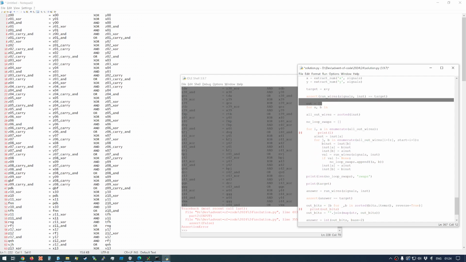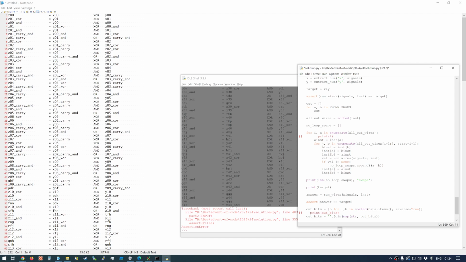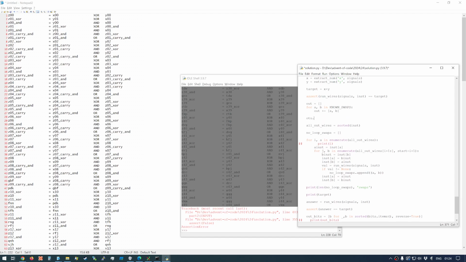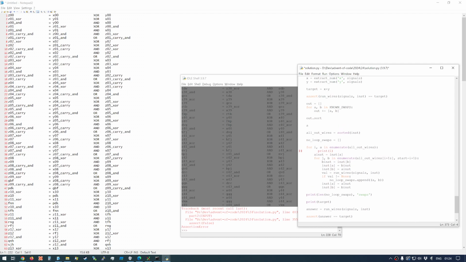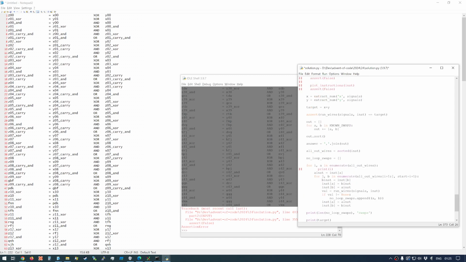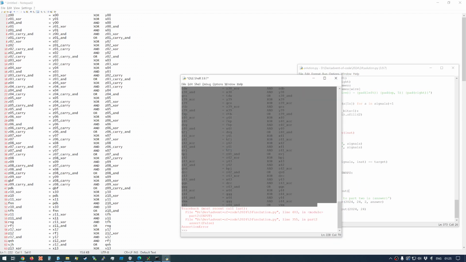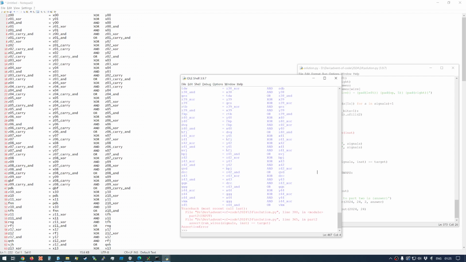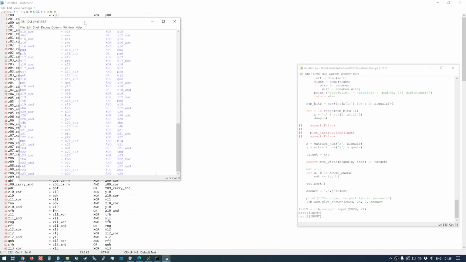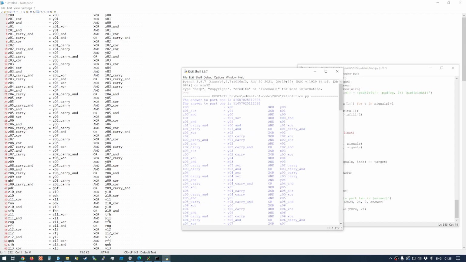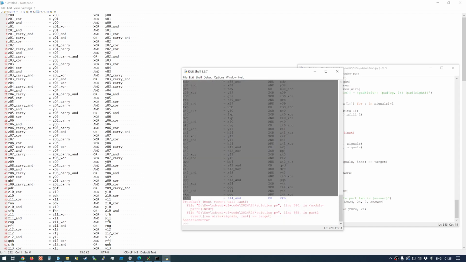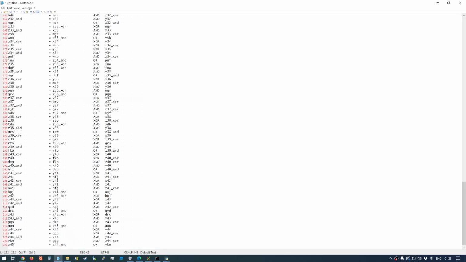Where was I? Yeah. There are 100% better ways to do that. Okay. So I've validated, or rather, I've found and done one of my swaps.